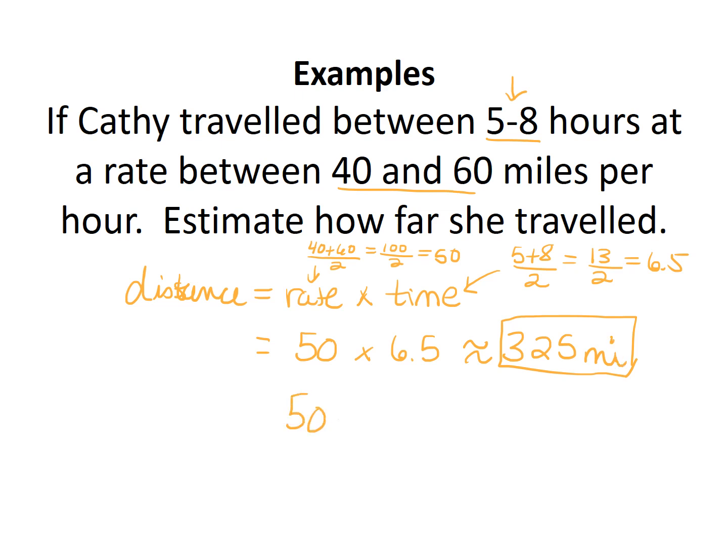The rate is 50 miles per hour times 6.5 is the estimate for the hours. So you can see, again, if you cancel these, you know you're doing the correct operation because the hours in the top cancel with the hours in the bottom and leave you with miles. So you know you're left with miles as well. That's the unit canceling method.